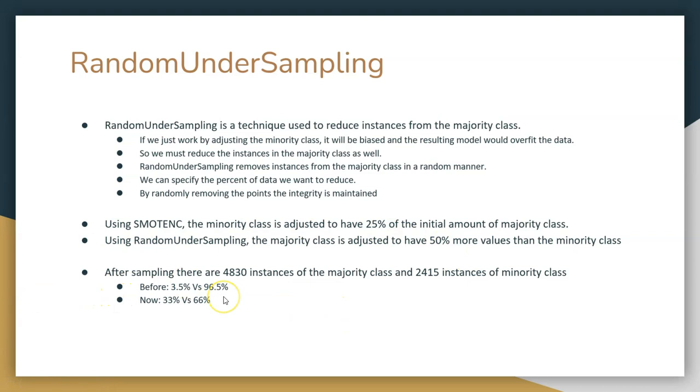Before adjusting the imbalance, the failure class was just 3.5% compared to 96.5% of no failure class. The imbalance is adjusted now, thanks to SMOTE-NC and random undersampling. We now have 33% of failure class and 66% of no failure class. Clear?